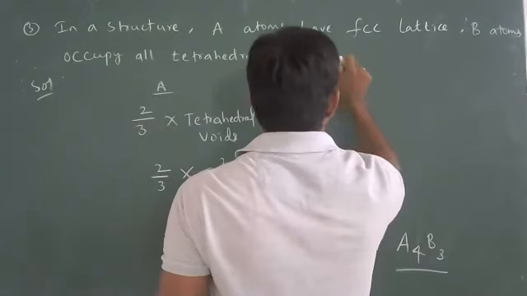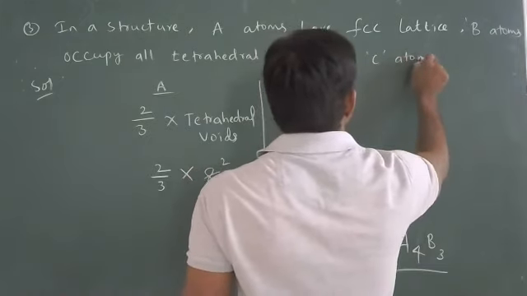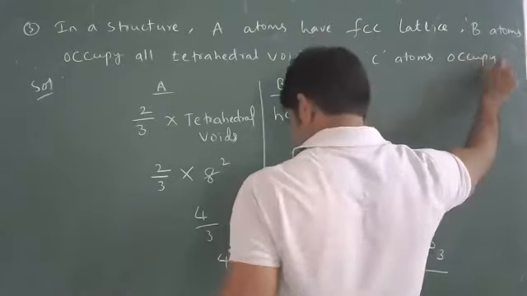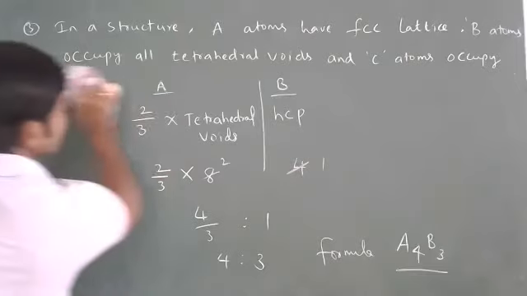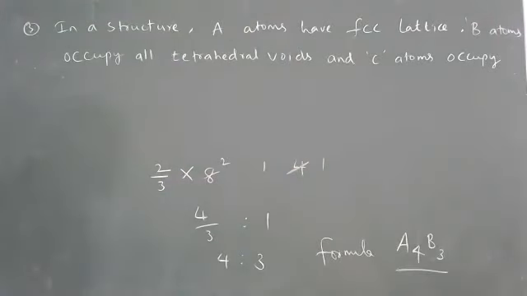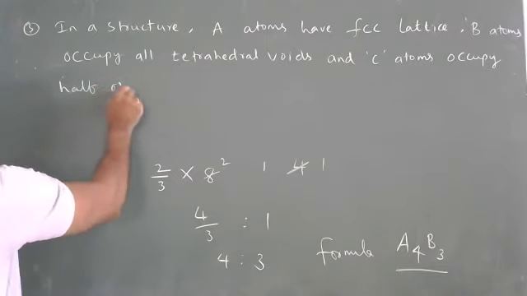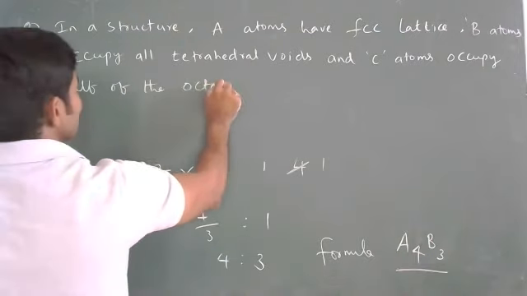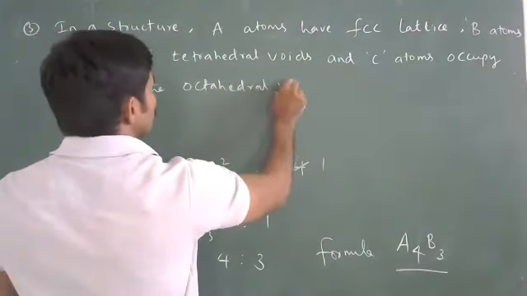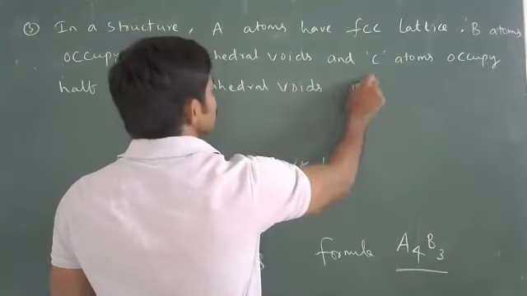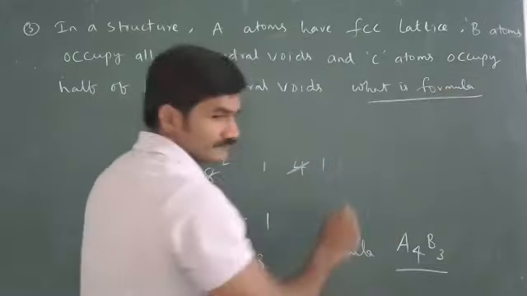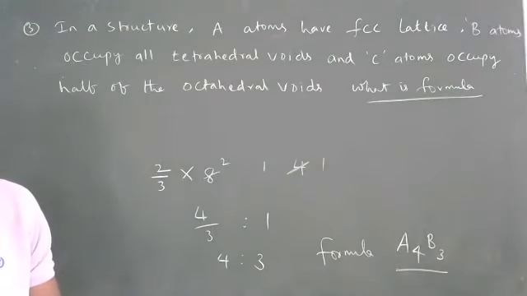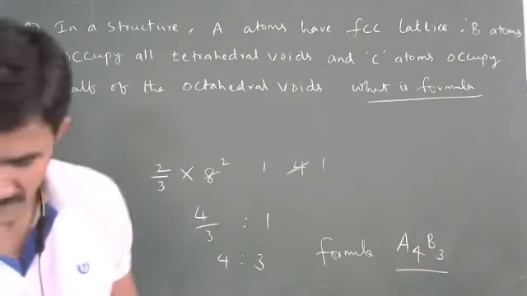And C atoms occupy half of the octahedral voids. Then what is the formula? A2B4C. Very good, correct.